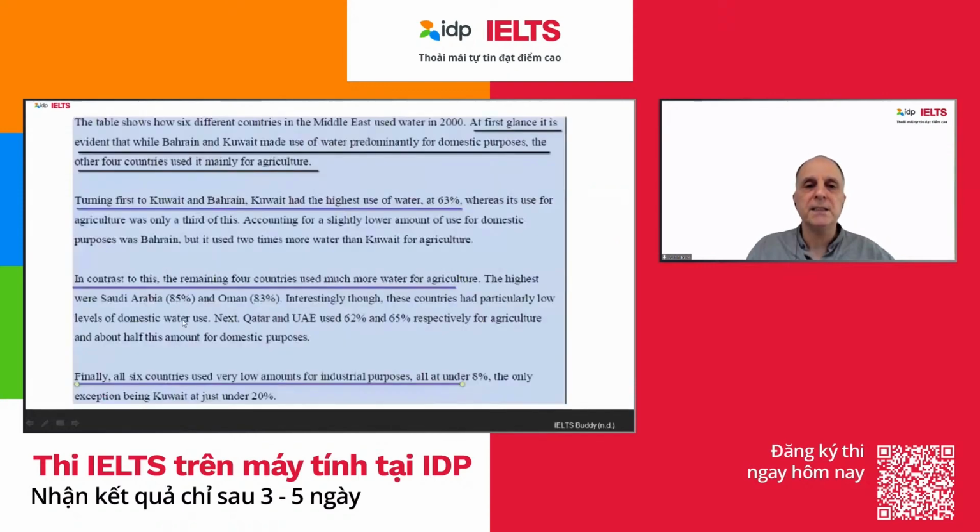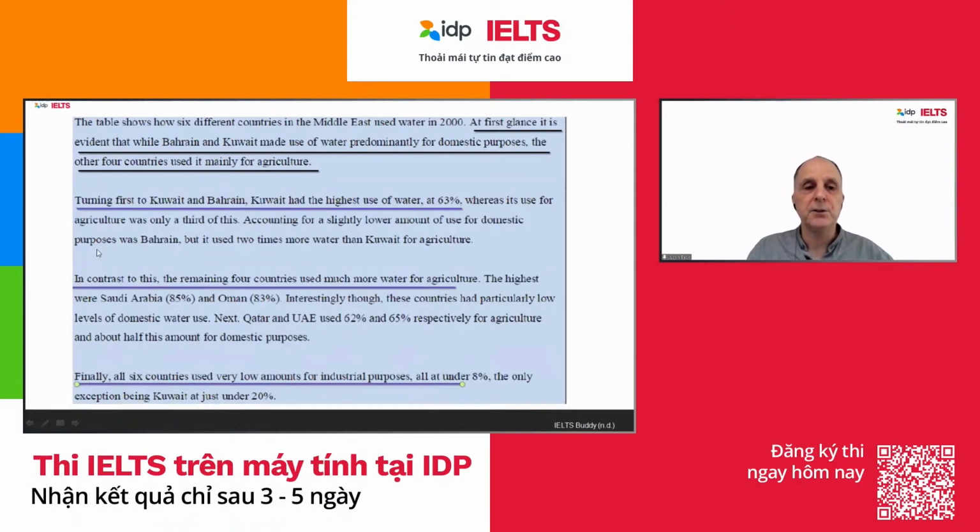An example for this is turning first to Kuwait and Bahrain. Kuwait had the highest use of water at 63%. In contrast, the remaining 4 countries use much more water for agriculture. Once again, each country is mentioned at least once.